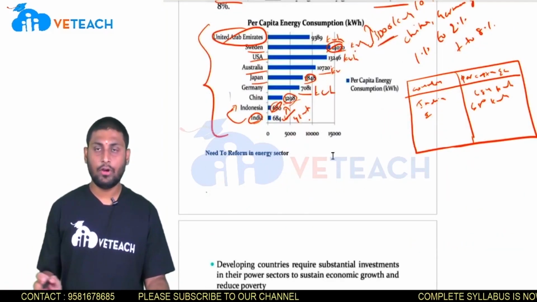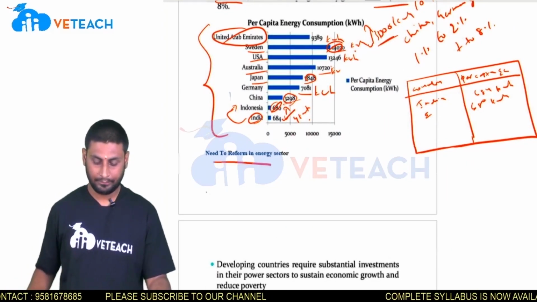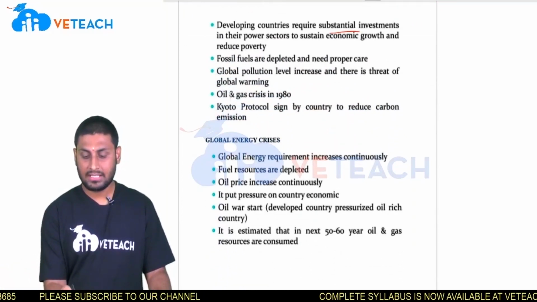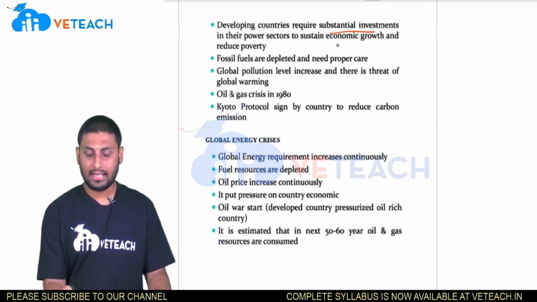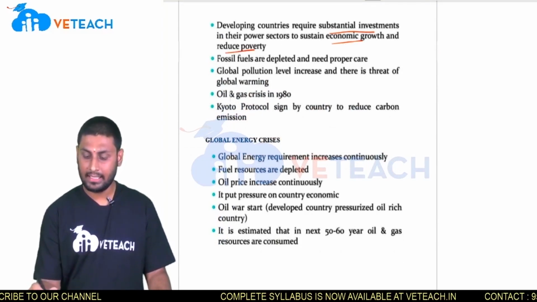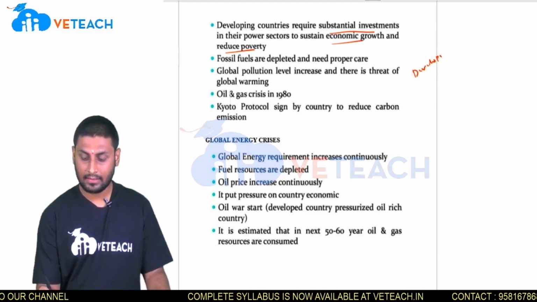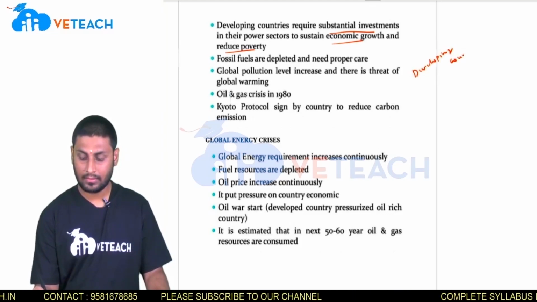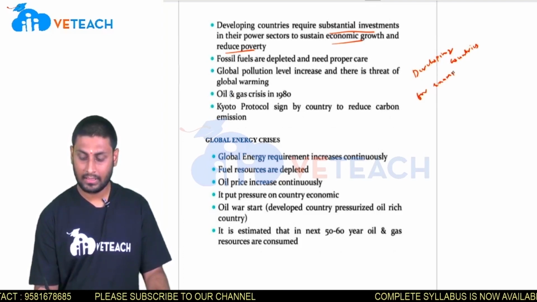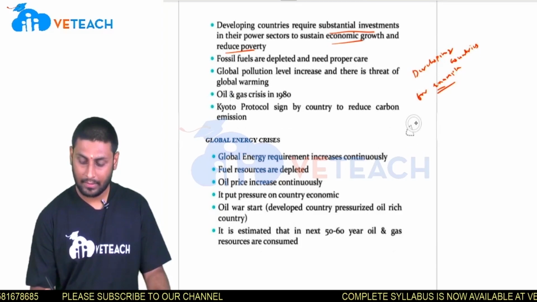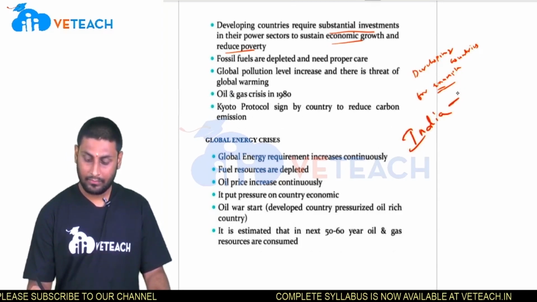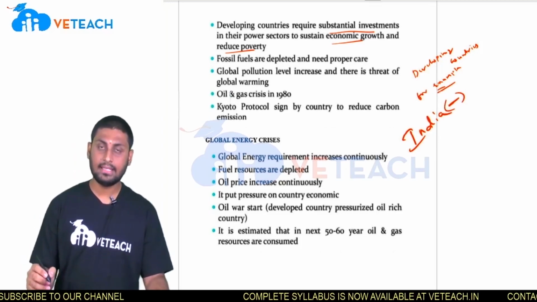Next topic is the need to reform the energy sector. Developing countries require substantial investment in their power sector to sustain economic growth and reduce poverty. For example, we consider India as the developing country.